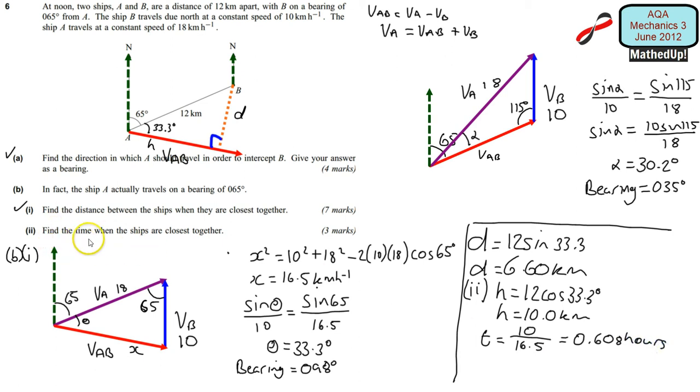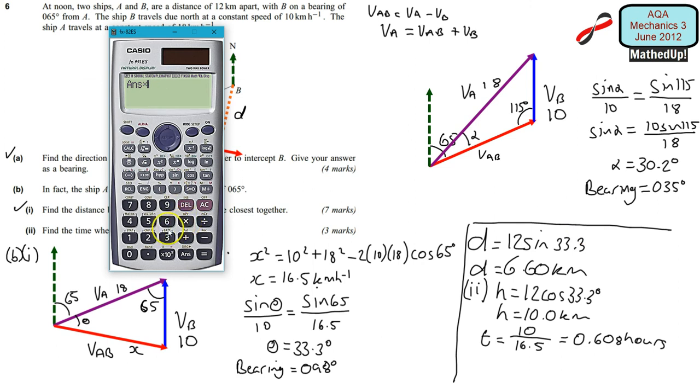Okay, so we're being asked to find the time when the ships are closest together. It starts off at noon, and 0.608 hours later they are closest together. So I'm going to convert this into minutes. If I times that by 60, that tells me it's 36.5 minutes.